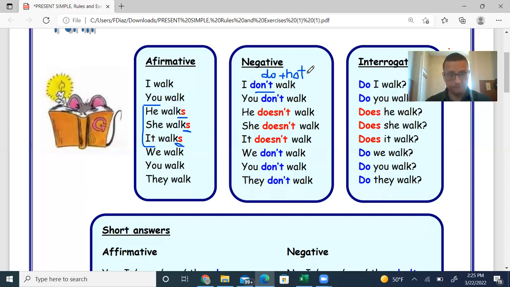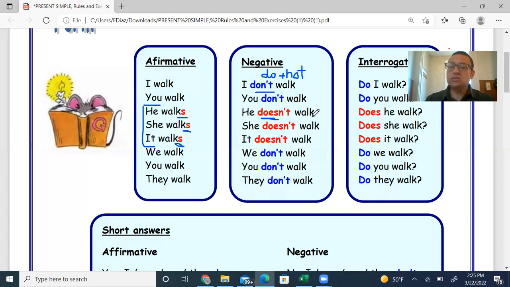Do you understand? When it comes to the third person, the auxiliary verb, the extra verb, is the one that goes to the third person, because the verb to do is like this: I do, you do, he does, she does, it does, we do, you do, they do.